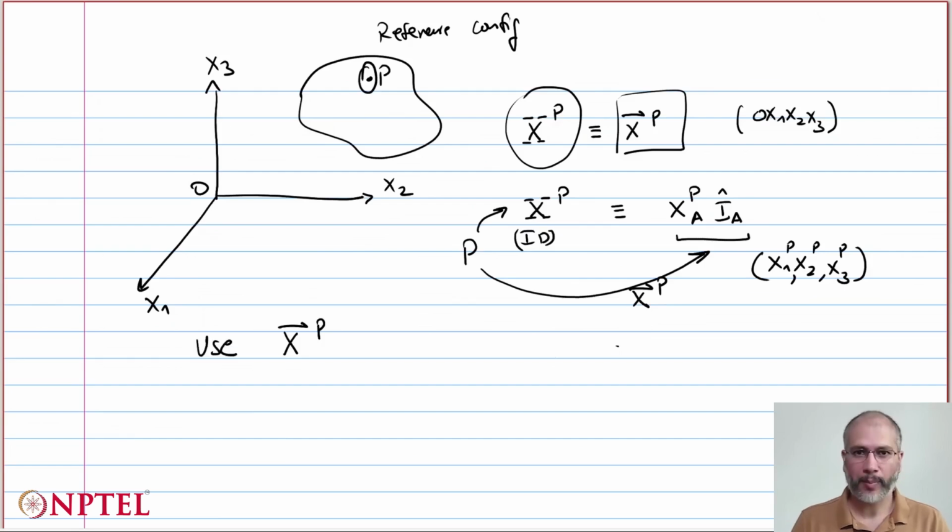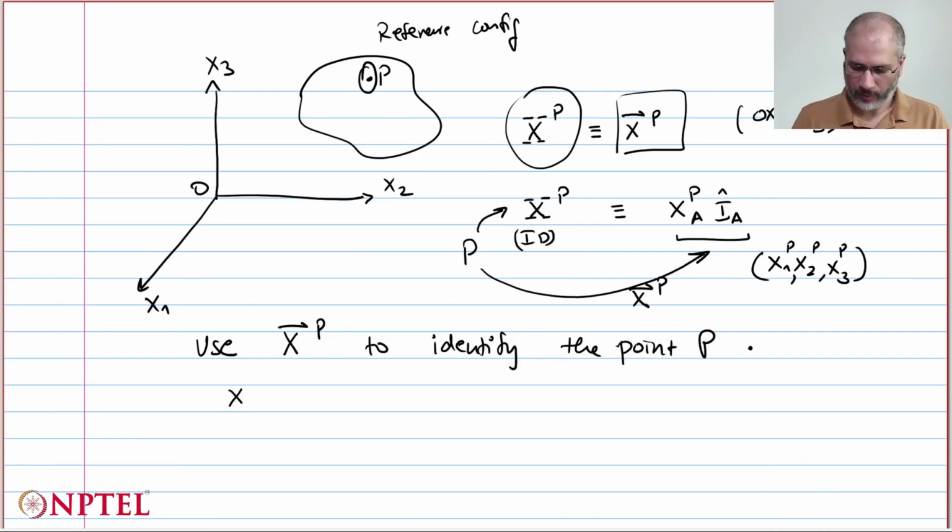So we use capital X^P to identify the point P. So if I give you capital X vector, which corresponds to some point in space, it will be only one point that was there at that point in space in the reference configuration. So this uniquely corresponds to some material point.